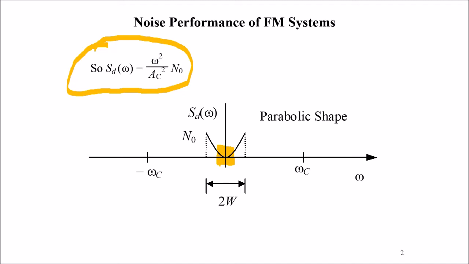So the FM broadcasters have cleverly taken advantage of this by filtering and equalizing the message signal in such a way that they put more power into the higher frequencies and less power into the lower frequencies, and they increase the signal to noise performance of FM even more than it is just simply by being FM.